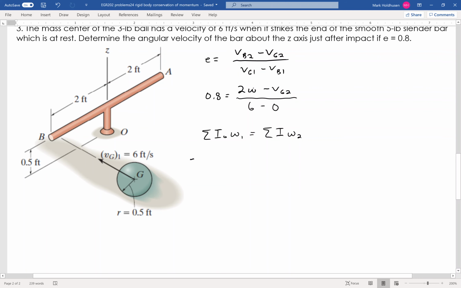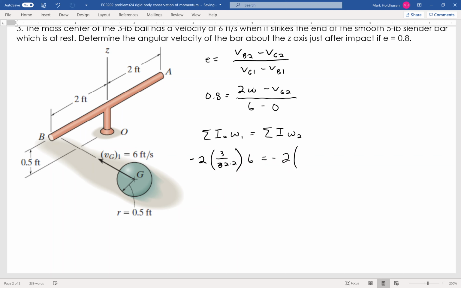So it's going to be negative r of 2, m of 3 divided by 32.2, times 6, which is the velocity it's coming in at. Afterwards, it's also going to have an r m v. We'll assume it keeps going in the same direction, probably just slows down a little bit.